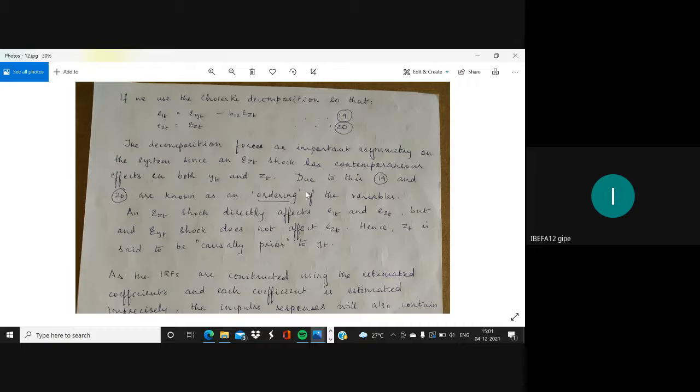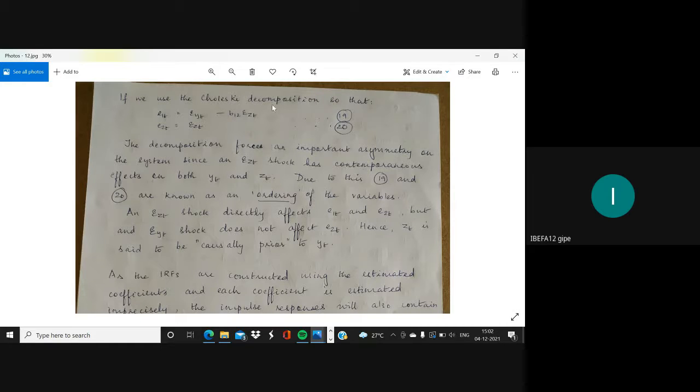That is the difference here because of the kind of decomposition that we've used. So 19 and 20 are known as an ordering of the variables. You're basically imposing a certain structure or order on your system of equations so that you will be able to recover the structural estimates.